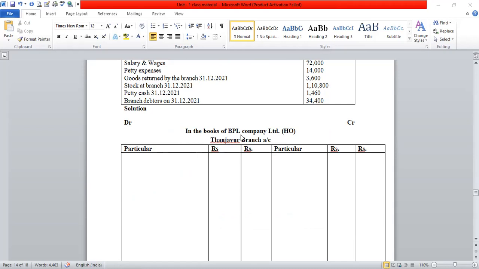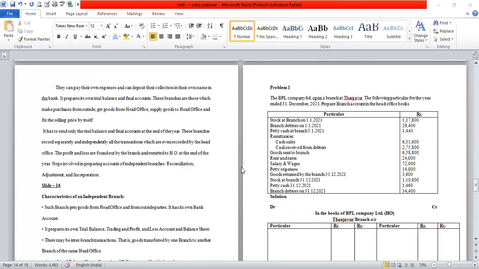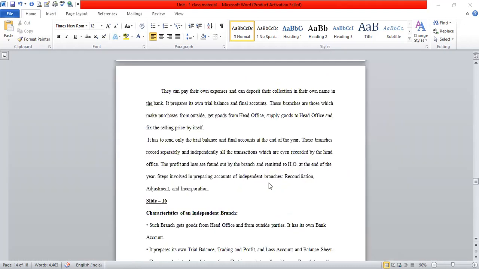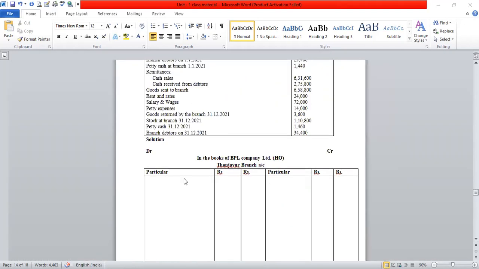Here, in the books of BPL company limited, this is a head office book, and the entry is for the branch we are going to enter, that is Tanjavur branch account. This is clear? Yeah, I think it is okay.